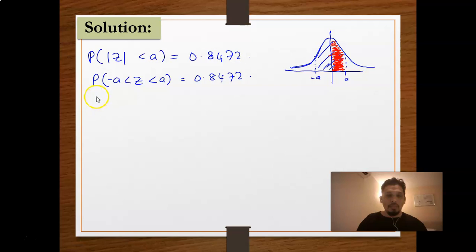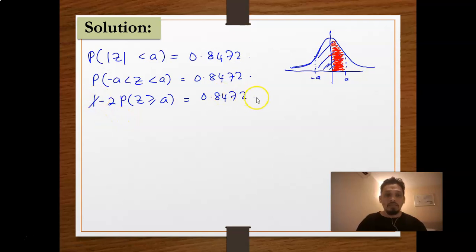So 1 minus 2 times the probability of Z greater than or equal to A equals 0.8472.